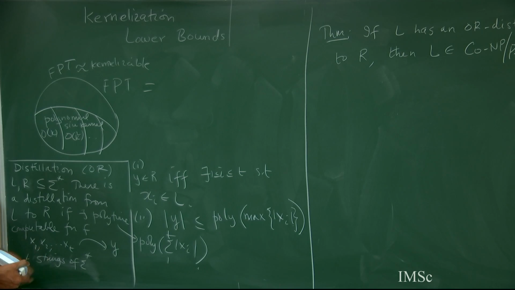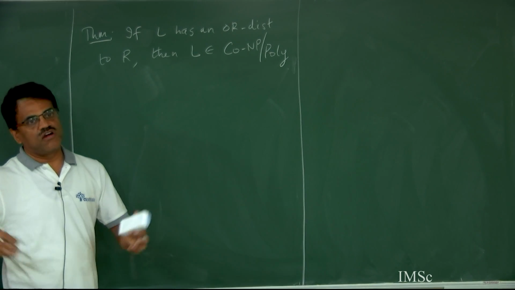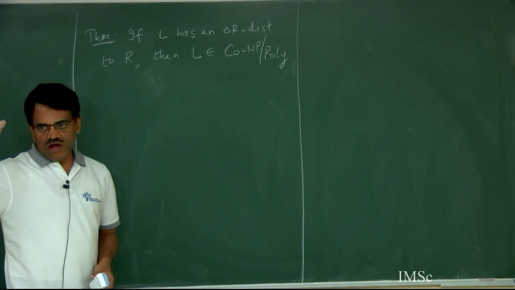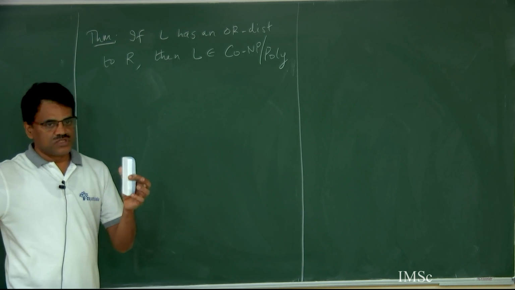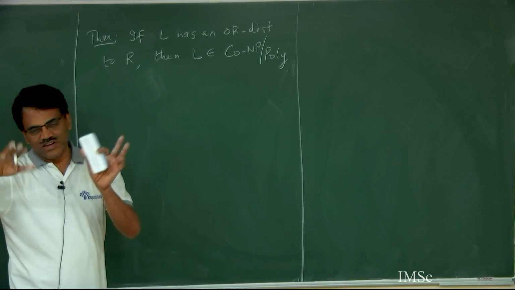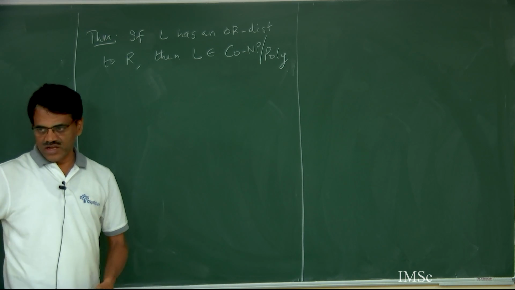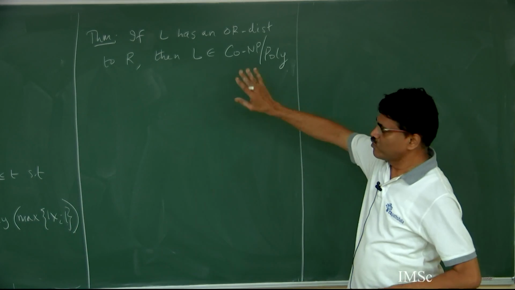If that happens, then what? So, co-NP, you all know what NP is. A language is in NP if you have a witness for yes instances which is polynomially checkable. Given the witness, there is a non-deterministic Turing machine which will take that string and accept it. Co-NP is the complement of NP.